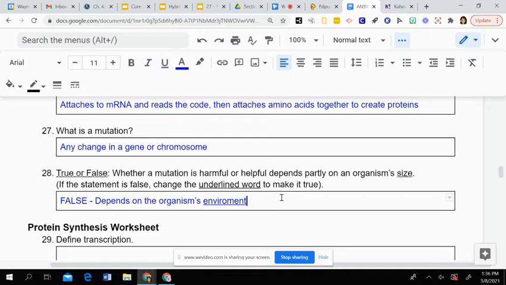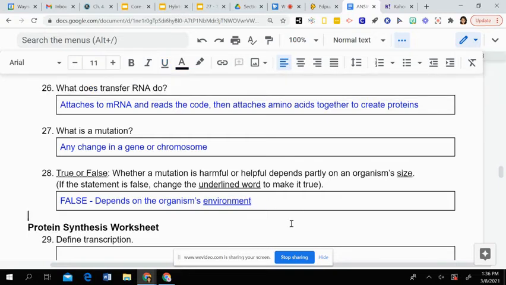An example would be if you had an albino or white, let's say like lemur or a koala bear, if that's a mutation causing it to be white, if that koala bear is at the zoo, that white coloring is not going to affect it because the zoo is a safe environment for it to live in.